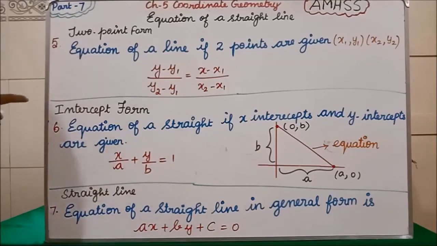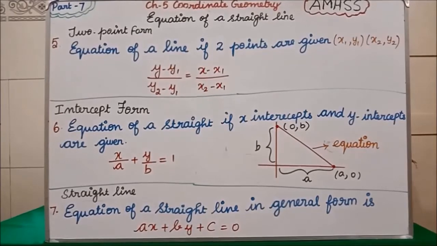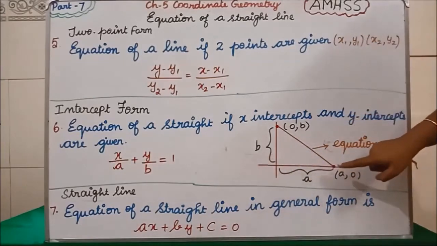Next one is the intercept form. What is meant by intercept? We have two intercepts, the x-intercept and the y-intercept, which are given in the question itself. Equation of a straight line if the x-intercept and y-intercept are given. The x-intercept means the point on the x-axis where it intercepts, at a.